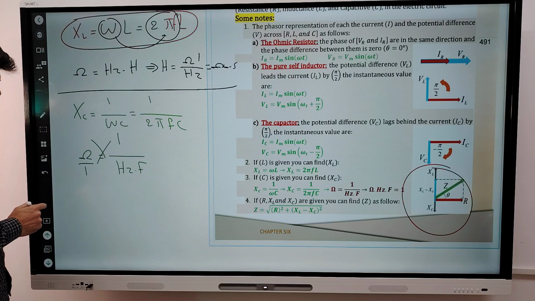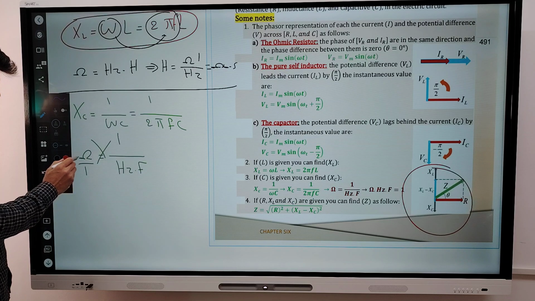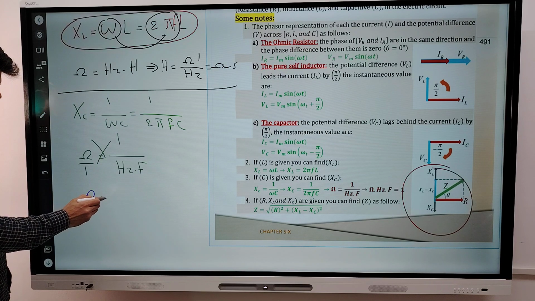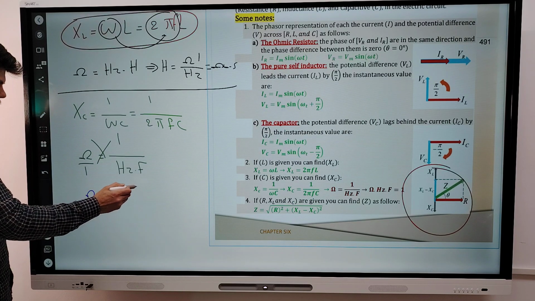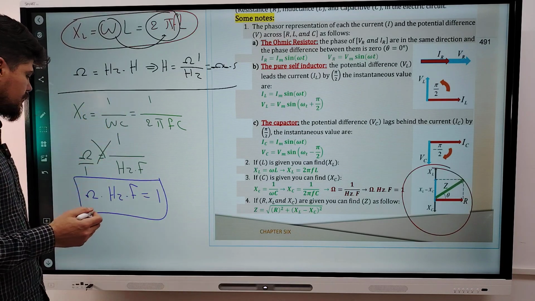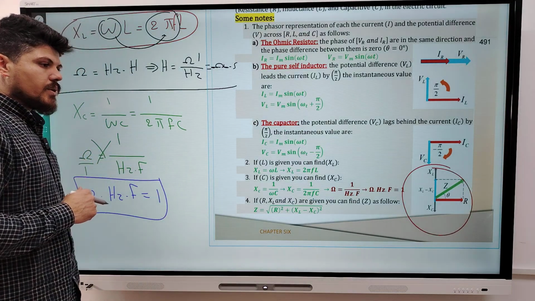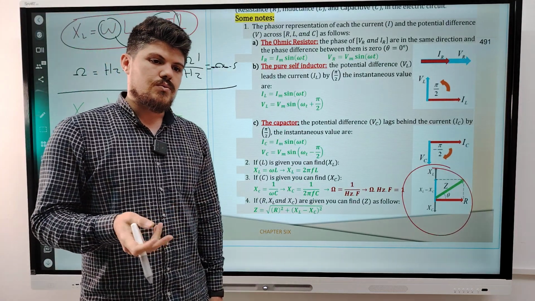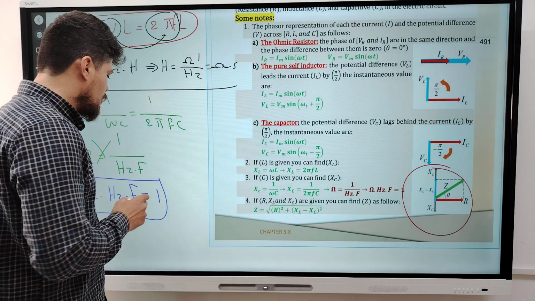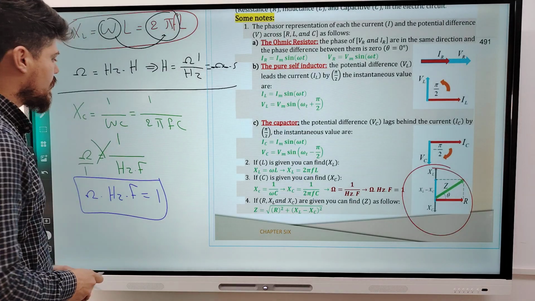Ohm times hertz times farad is equal to 1. If they ask in the exam which of the following multiplications is equal to 1, the answer is ohm, hertz, and farad.